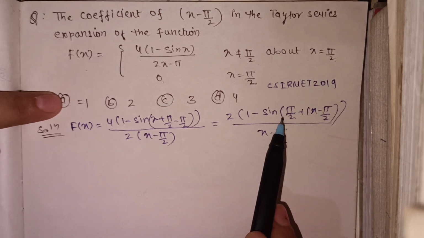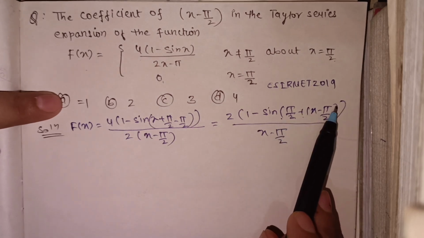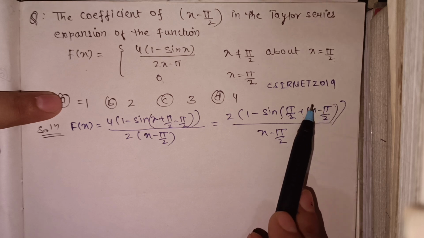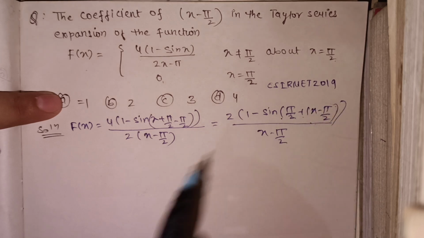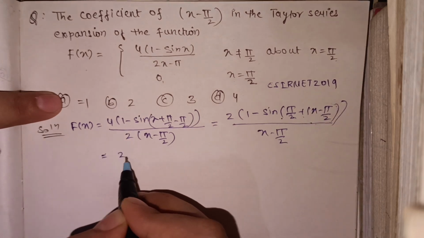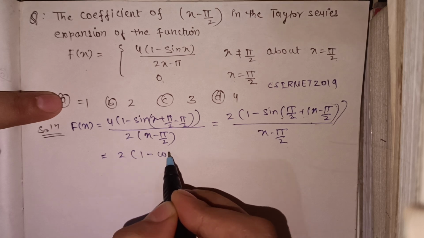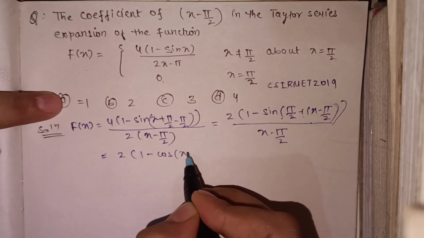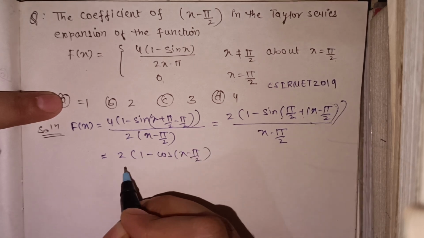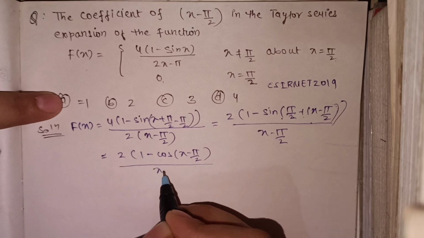So this is of the type 90 plus theta. Sin(90 plus theta) is equal to cos theta. So this function becomes 2(1 minus cos(x minus pi by 2)) upon x minus pi by 2.